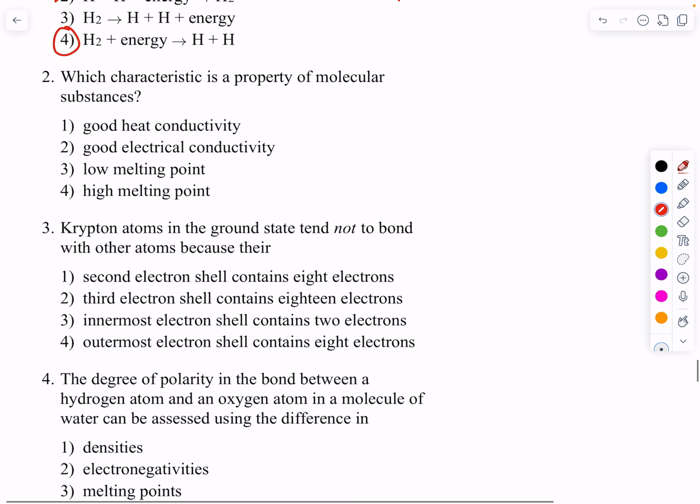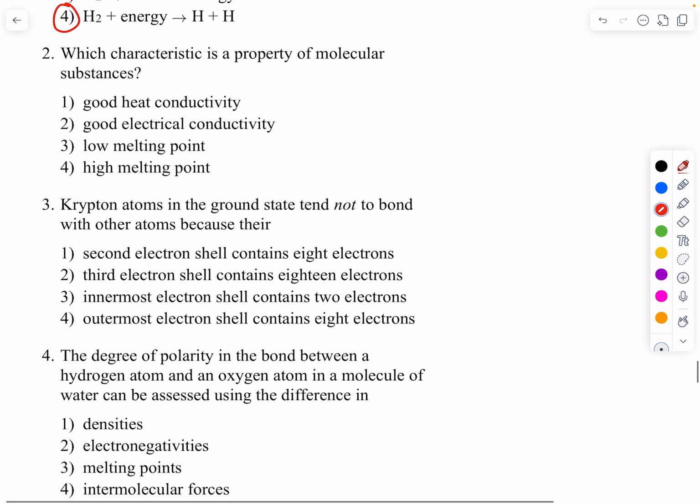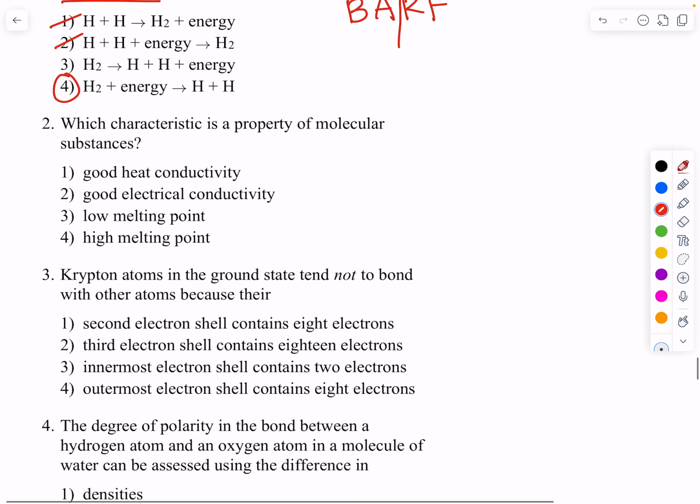Which characteristic is a property of molecular substances? This one is kind of difficult. Molecular substances, remember, is another name for covalent. Covalent is two nonmetals together. You should remember back to that lab that we did that covalent substances did not conduct electricity in solution, right?